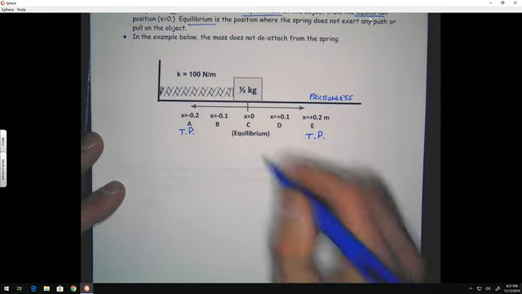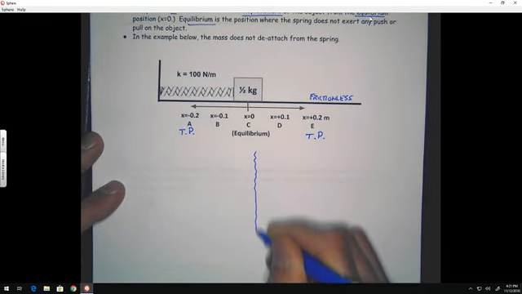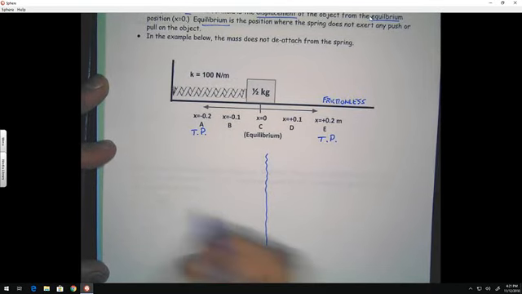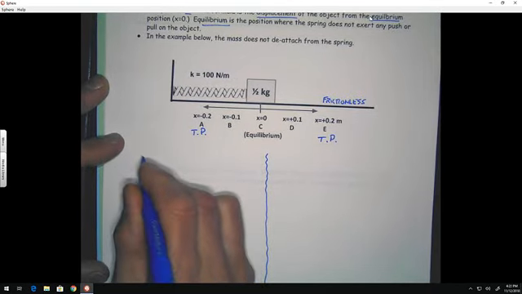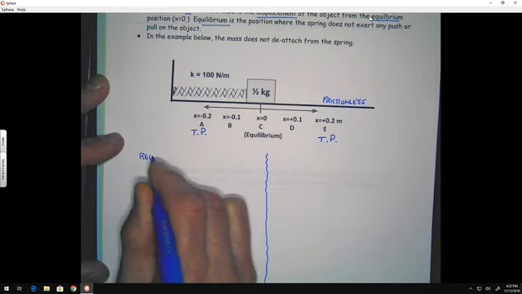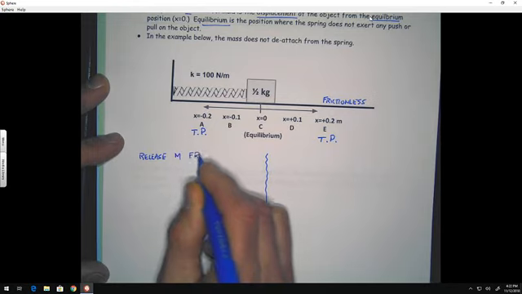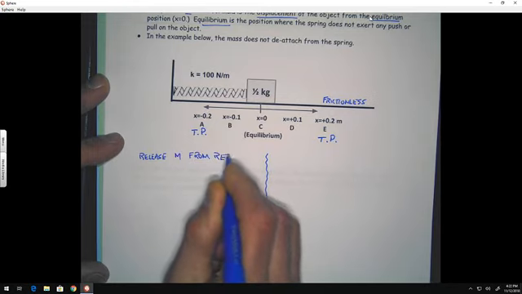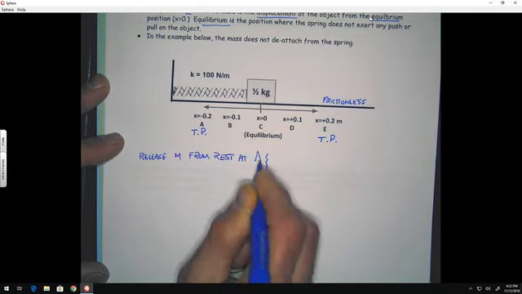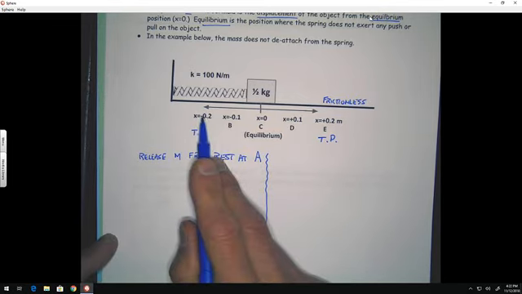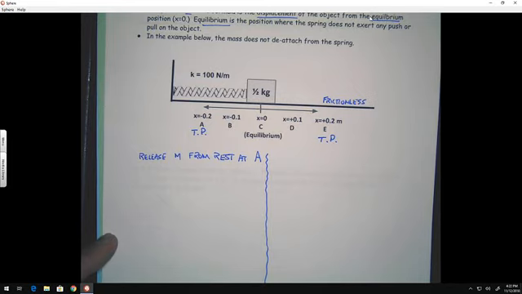The first thing I'm going to have you do is actually just divide your page down the middle, and let's say that we want to basically release M from rest at position A. So we're going to have the mass pushed all the way back to position A, and then you're going to let it go.